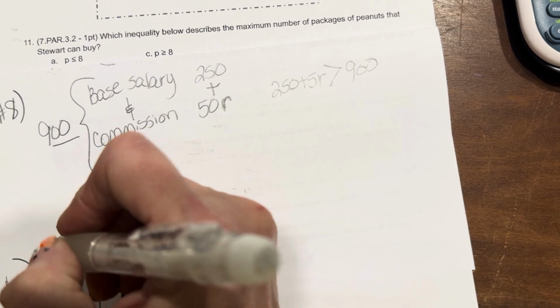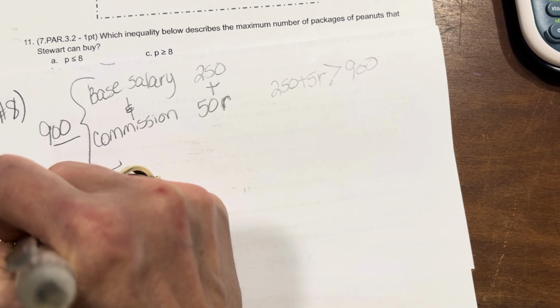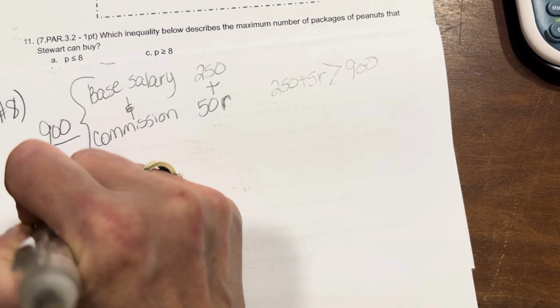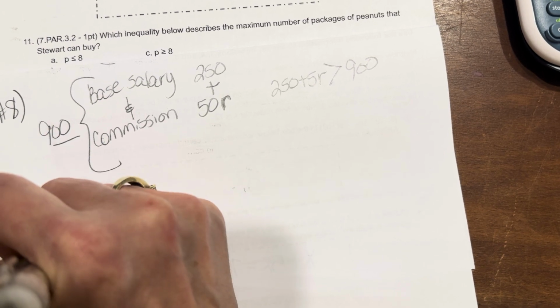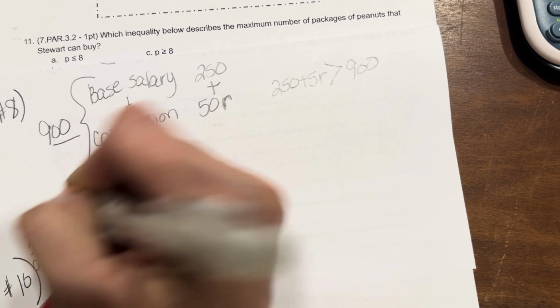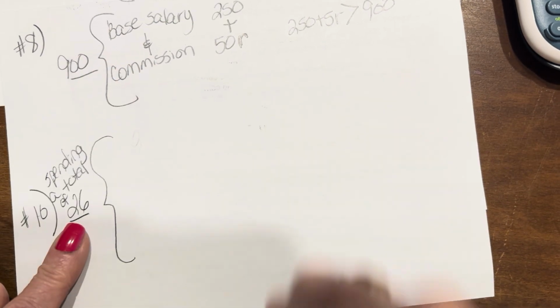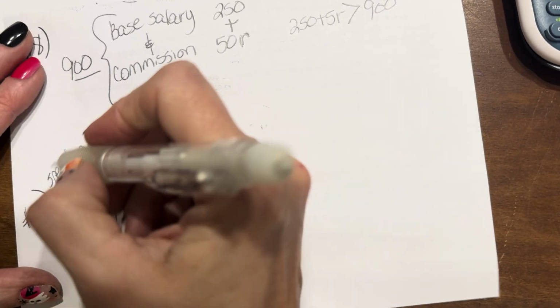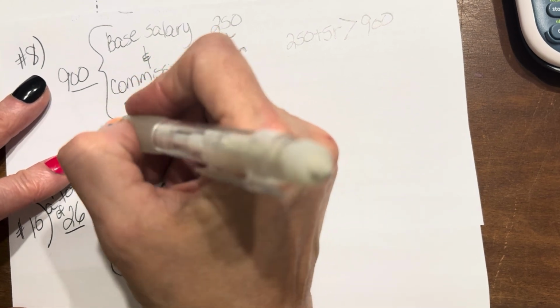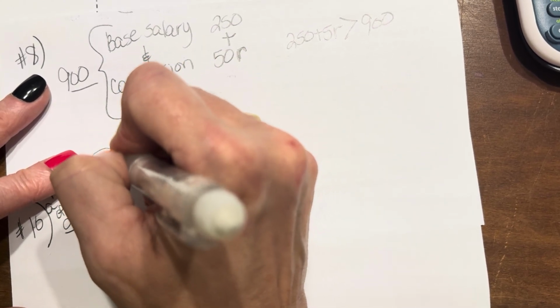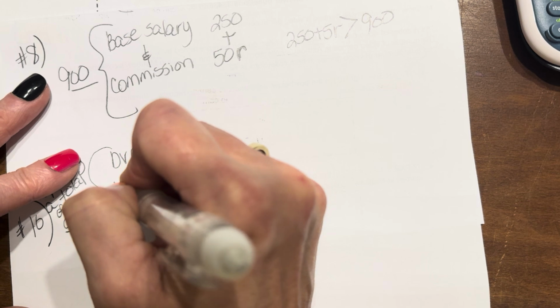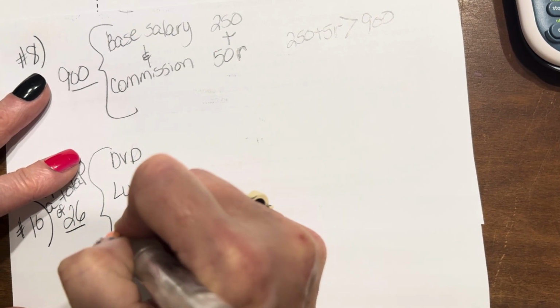He's spending a total of $26. What makes up that $26 he's spending it on? He's going to buy a DVD, lunch, and peanuts.